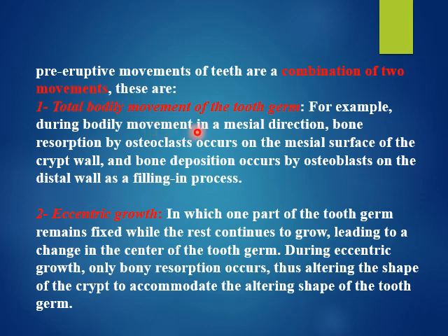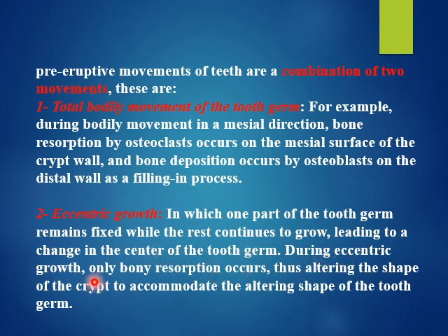When it moves in a medial direction, bone resorption by osteoclasts occurs by the pressure on the medial surface of the crypt wall, and bone deposition occurs by osteoblasts on the other side, on the distal wall of the filling-in process, while eccentric growth means that one part of the tooth germ remains fixed while the rest continues to grow, leading to a change in the center of the tooth germ.